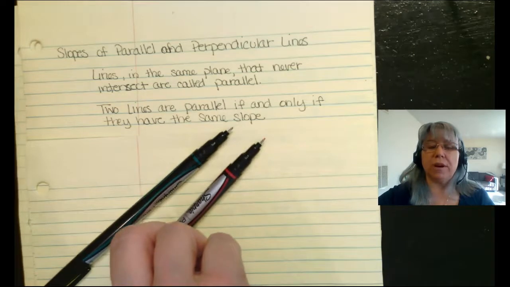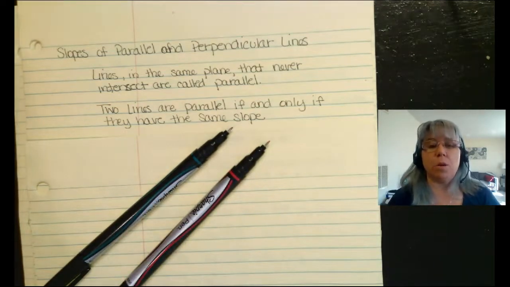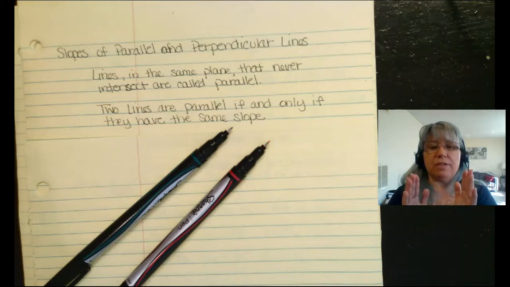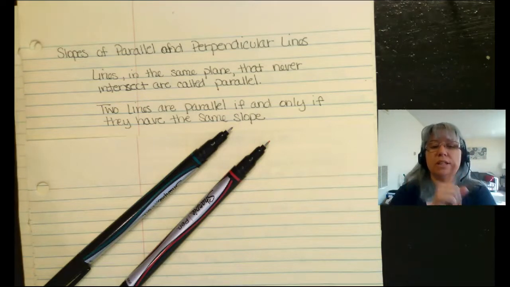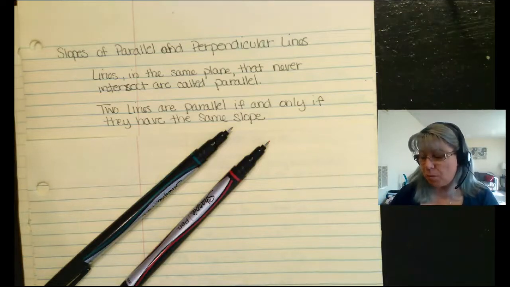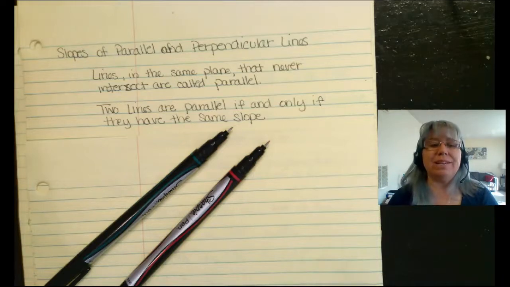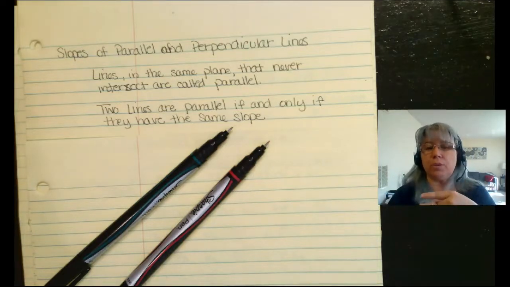So two lines are parallel if and only if they have the same slope. Now let me talk about that if and only if. When you talk about if and only if, that works in both directions. So I can switch this statement around and say two lines that have the same slope if and only if they are parallel. Okay? If and only ifs work in both directions.